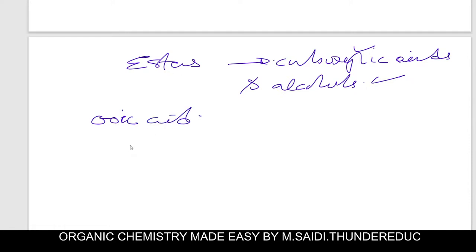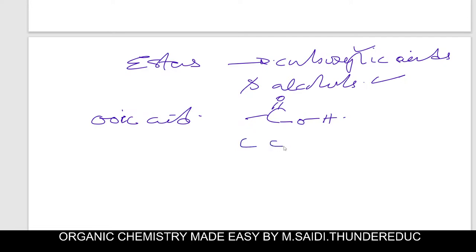Because the functional group is at the end, we don't need to show the position. It's always terminal, either the end or the beginning, whatever. As long as it is terminal, we don't need to show the position.